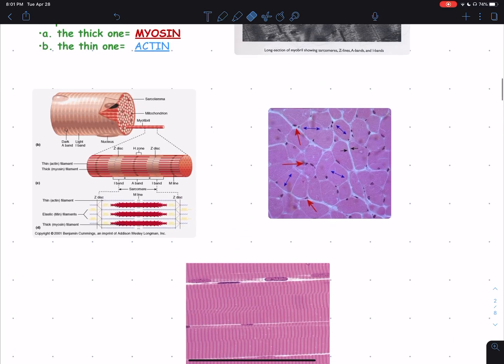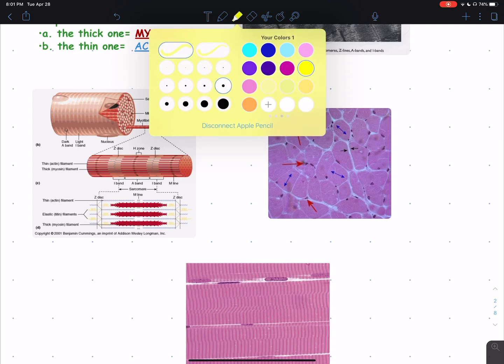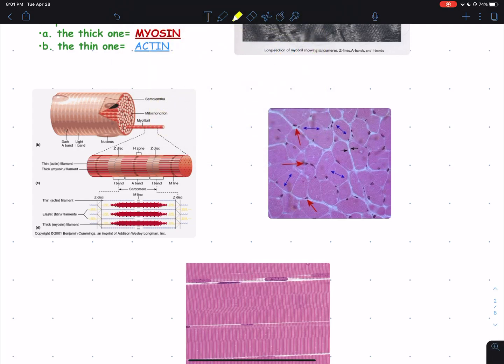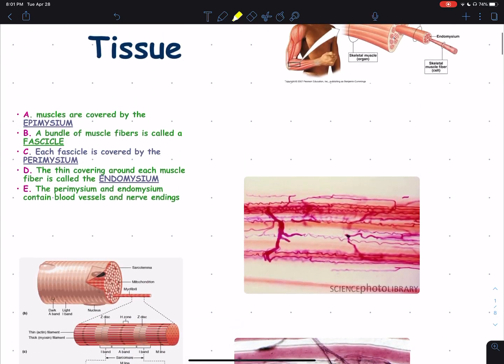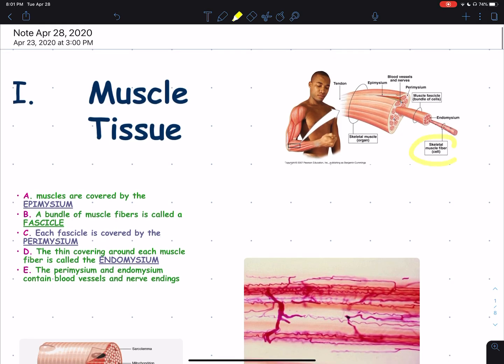So let's look again at this guy right here, okay? So if I look at this right here, I can see this myofibril is one of these tubes that makes up, can you say it? Do you remember what it was? What does it make up? It makes up a muscle fiber, a muscle cell.